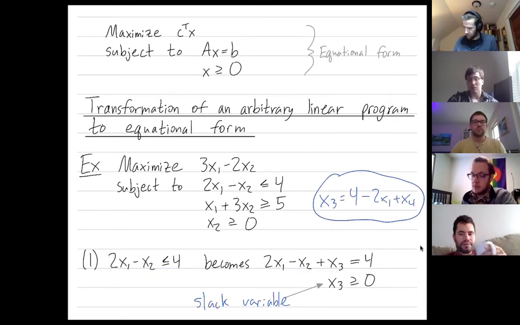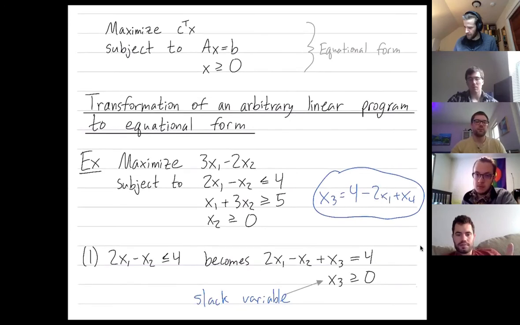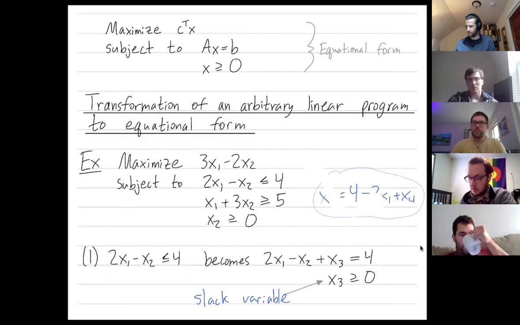Questions so far? This is the key. At first, it seems hard to turn inequalities into equalities, and it is. The way we do this is by introducing an extra variable called the slack variable.